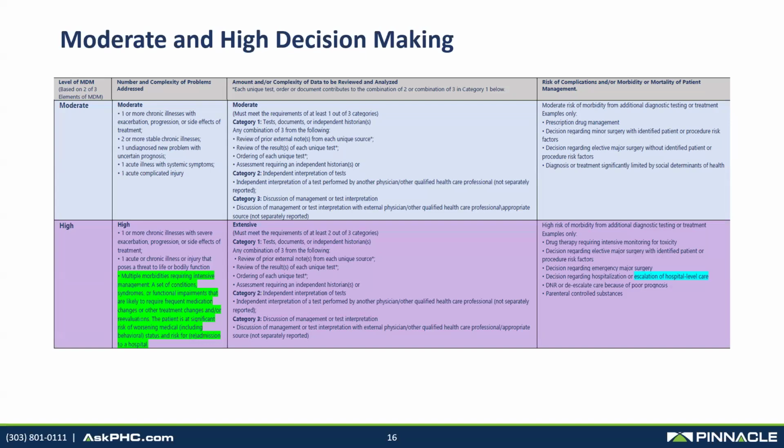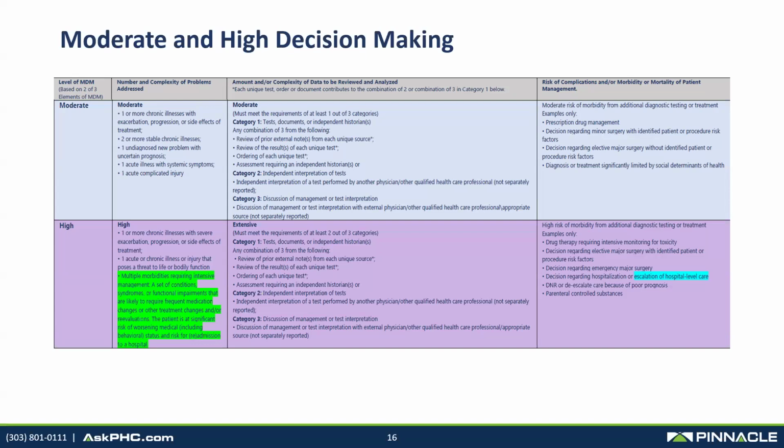And this is a set of conditions, syndromes, functional impairments that are most likely to require frequent medication changes, treatment changes, or significant reevaluation of those patients. The patient is significantly at risk of worsening, including medical or behavioral status, and the risk for readmission to the hospital.